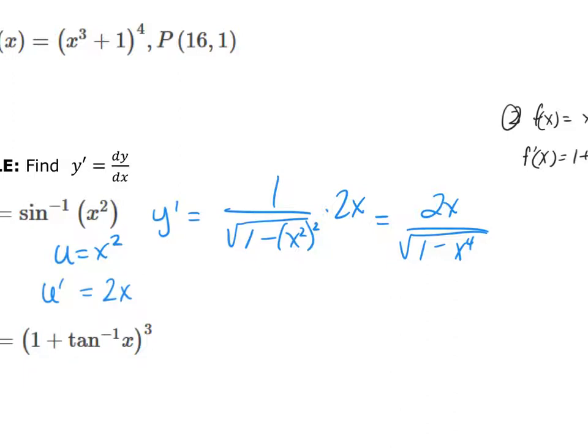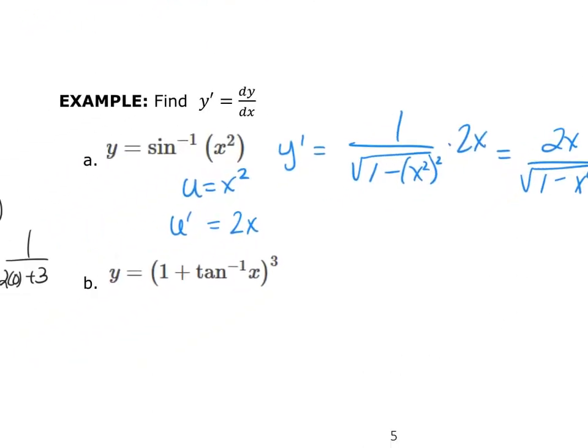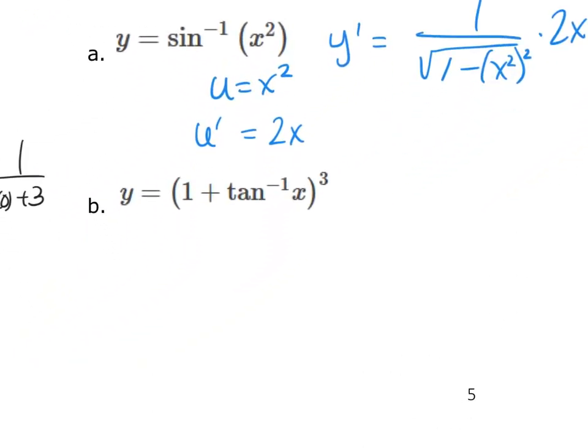Now let's do the next one because it's interesting and fun. On this one my angle is just linear, so I don't have to worry about multiplying by the derivative of x because it's just going to be 1. But I do have to use the chain rule here. So this is u.